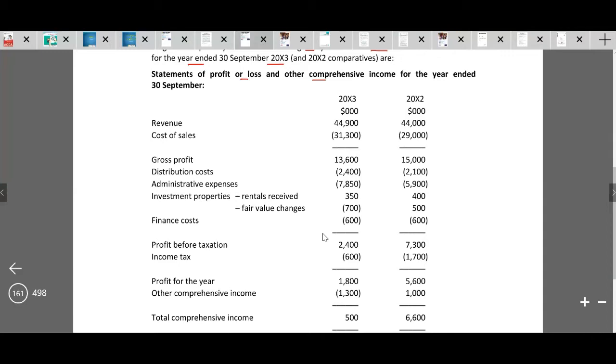You have the revenue, cost of sales, gross profit, distribution cost, administrative expenses, investment property rental received, fair value changes, finance cost, profit before tax, income tax, profit for the year, other comprehensive income, and total comprehensive income.